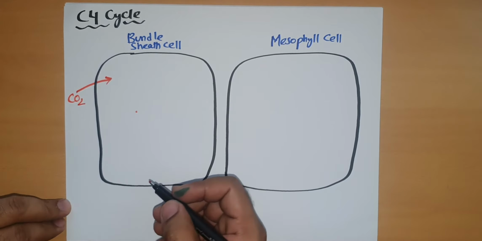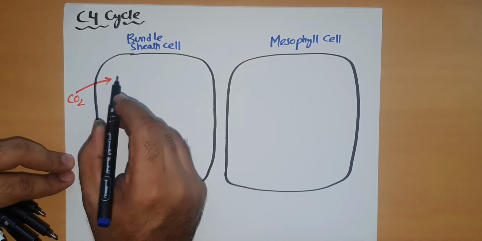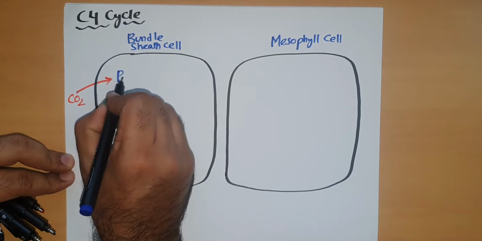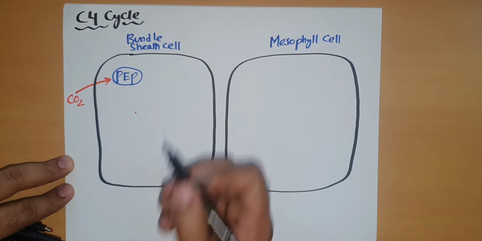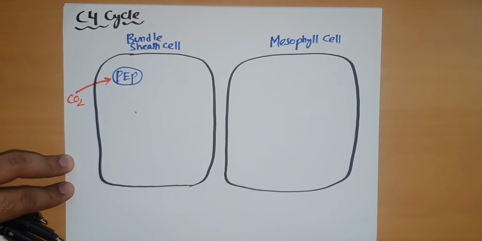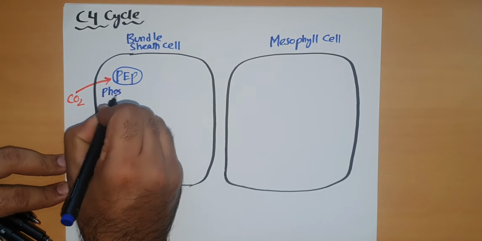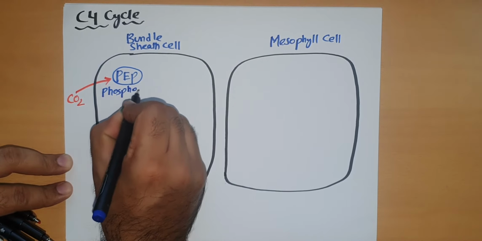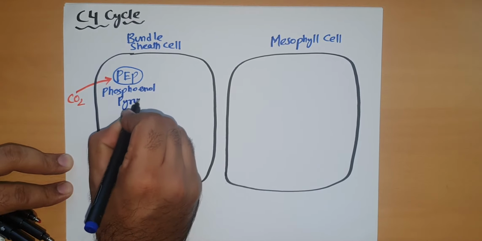Now, in the bundle sheath cell, one molecule which is already present is PEP. We have discussed this molecule before as well in the Krebs cycle. The complete name is phosphoenol pyruvate.